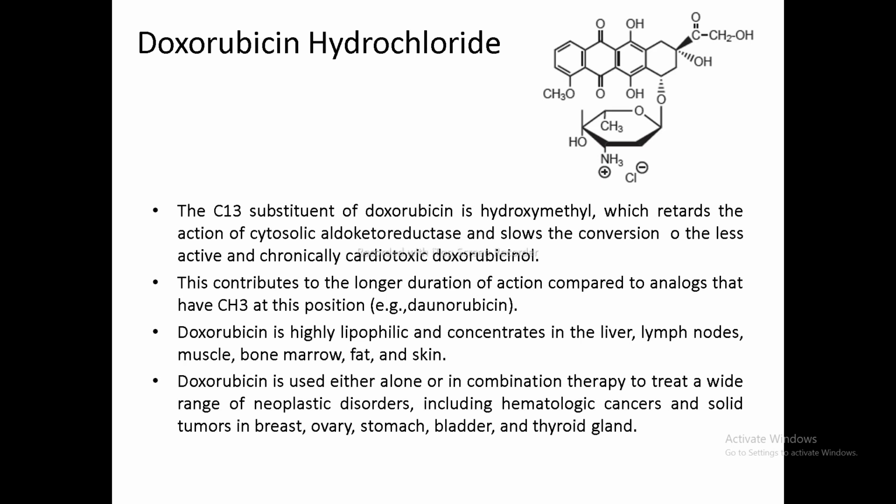So this enzyme inhibits the action of the aldoketo-reductase. Means what? That is, the parent doxorubicin structure is more active as compared to its metabolic alcoholic compound. This contributes to the longer duration of action compared to the analogs that have CH3 at this position.